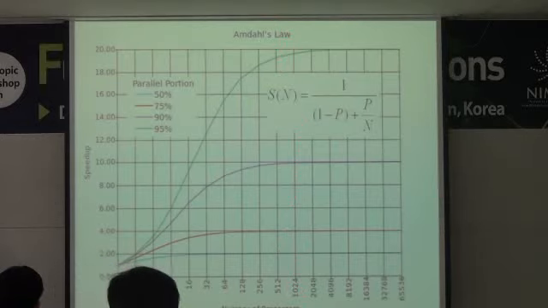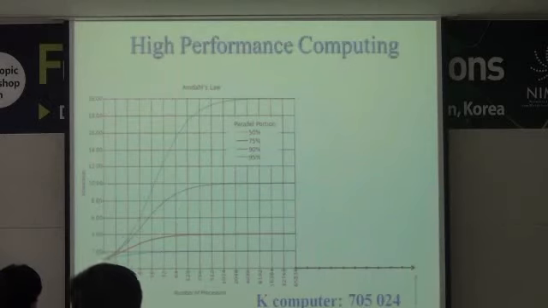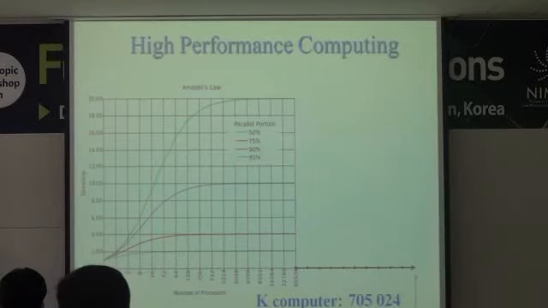And of course today we have computers with 700,000 CPUs. Then we can see that this amount of CPUs will not help to go faster.